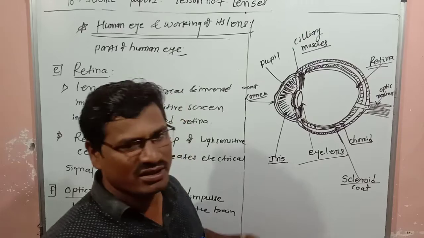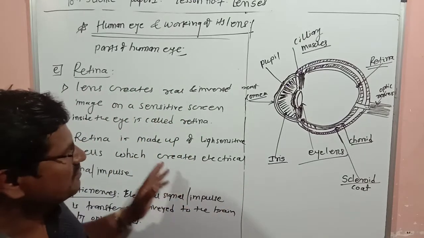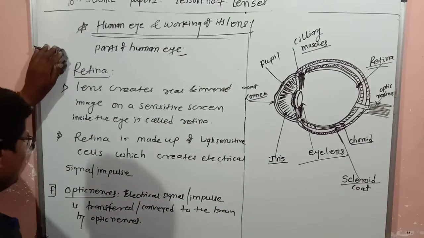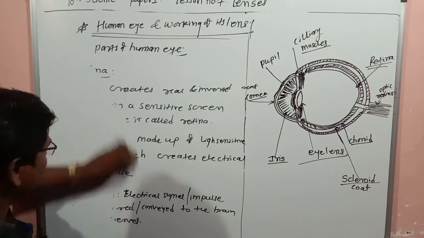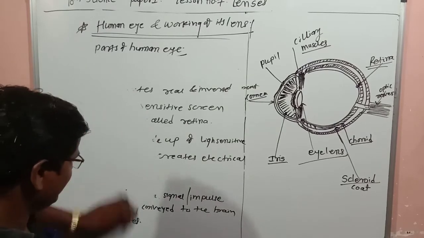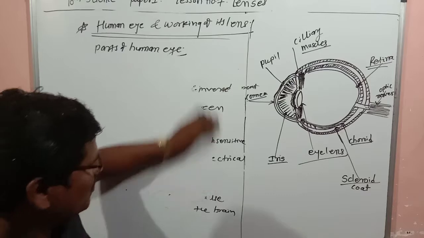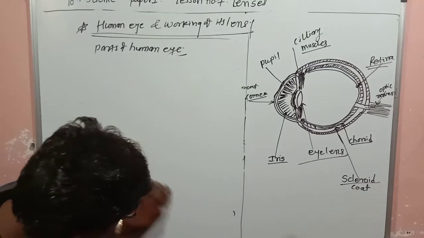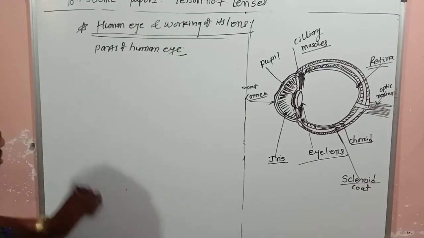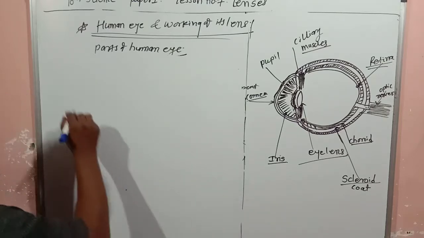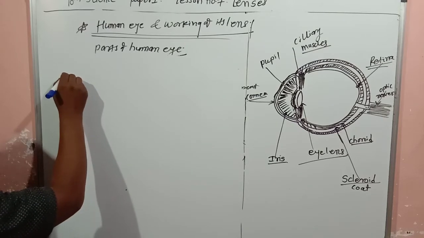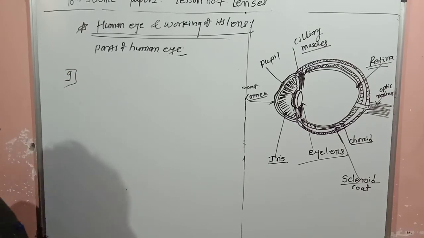Then the next part is the brain, the last part. What is the function of the brain? We are going to write the function as well as the role of the brain in the working of the eye. So next E, F, G, in that the brain is there.